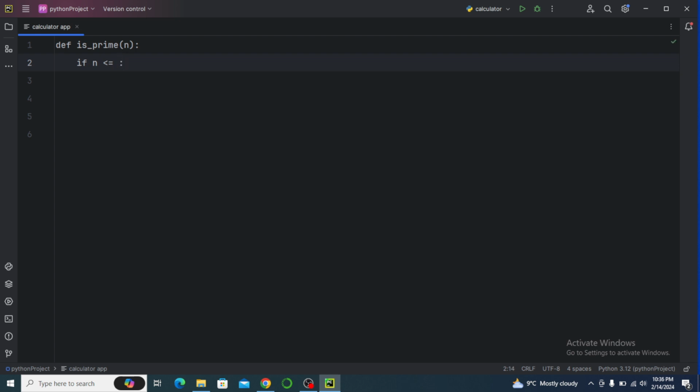Now this particular code here is saying something. It's saying that if the number is less than or equals to 1, it's not a prime number. You understand? So we need to put 1 here. So definitely it's not a prime number. So we're going to tell the system to return false. Return false.